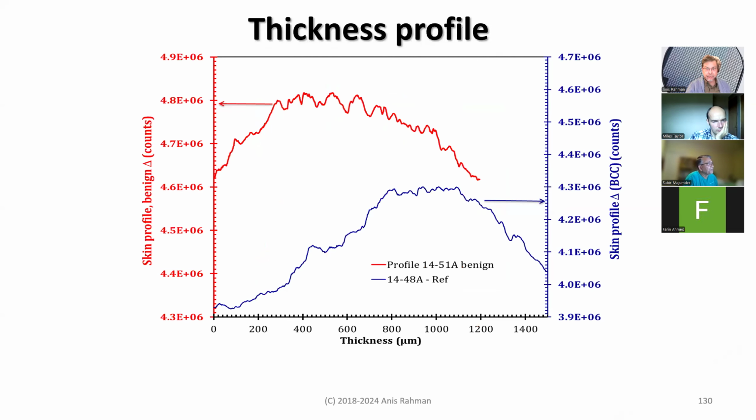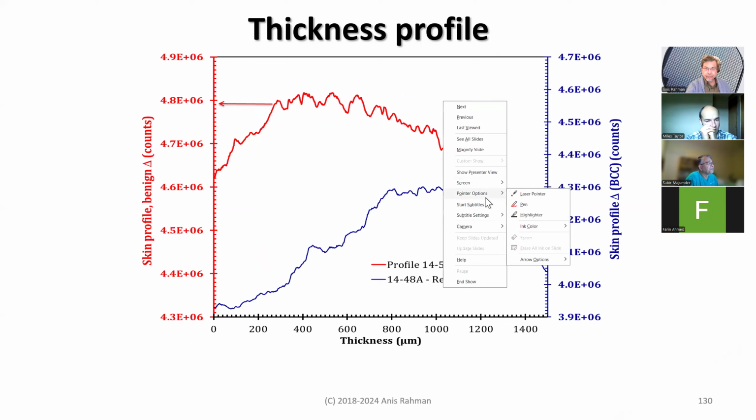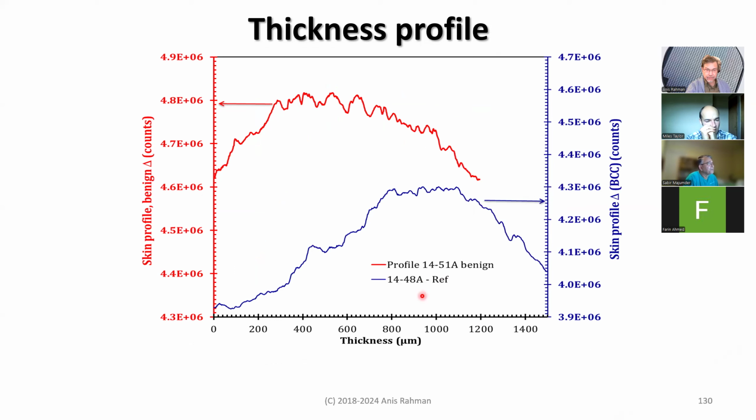And then if we compare that with a cancerous skin, the sample number is not very clearly identified here, but sample 1448A minus the reference shows that wherever we had layering in the healthy skin, in the skin with cancer, that layering definition has either gone or subsided significantly.